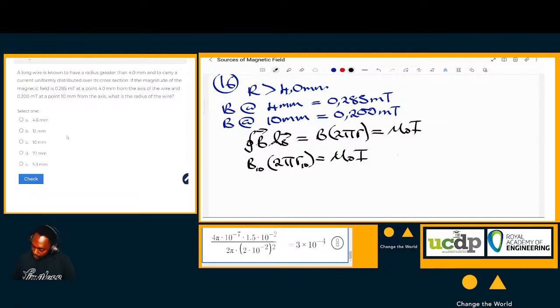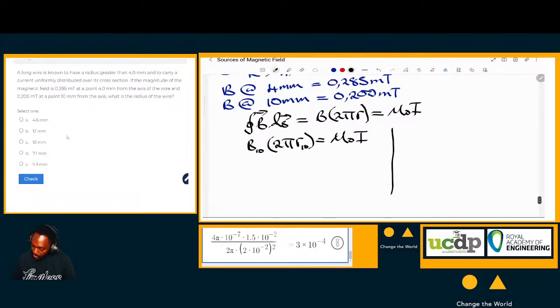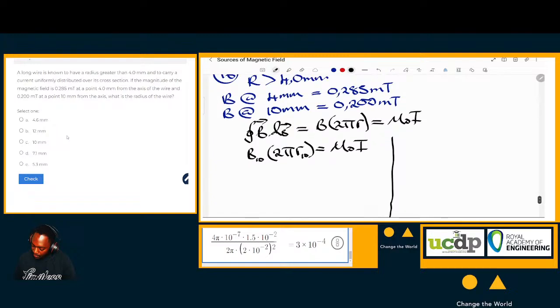And specifically what we are told about the wire, the long wire is known to have a radius greater than 4 millimeters.